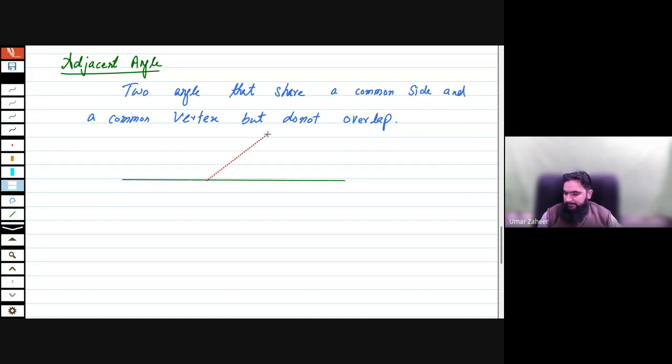For example, I'm going to draw a line here, and we know that these two angles are supplementary angles. But in another way, we can say that x and y are adjacent angles. It can be like this, any shape.